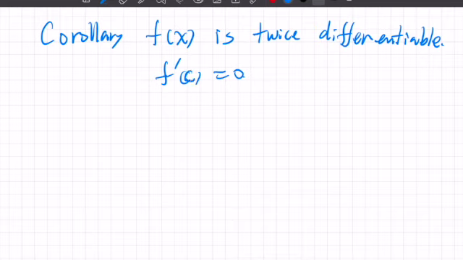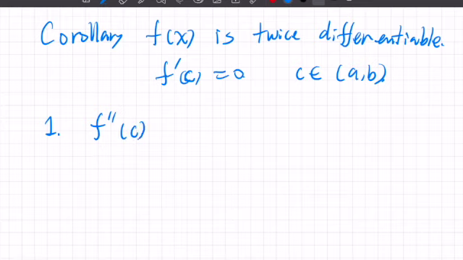Of course, this c is within the domain of this function, some c between a and b. Then first, if f double prime of c is greater than 0, then x equal to c is a local minimum point.